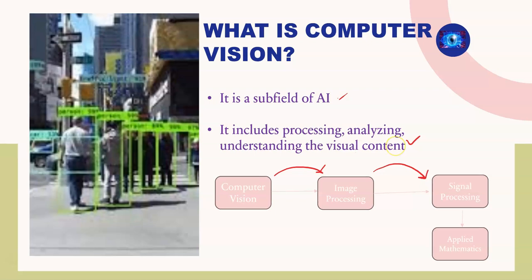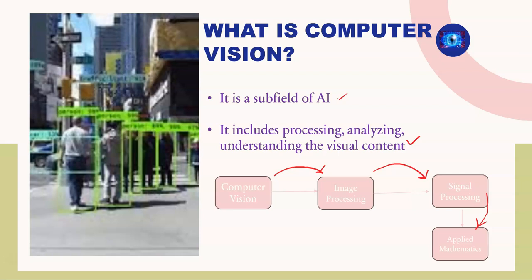There, edges and boundaries in an image are identified, and then the shape and the object are filtered out. Then comes the applied math part, the algorithmic side of it, that is image classification, image recognition, object detection, etc. We will come to that in more detail in the upcoming videos of this series.